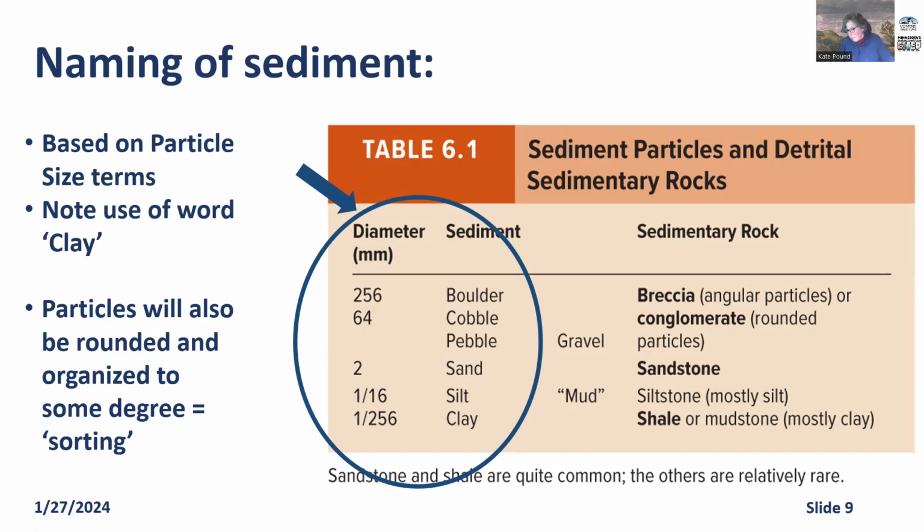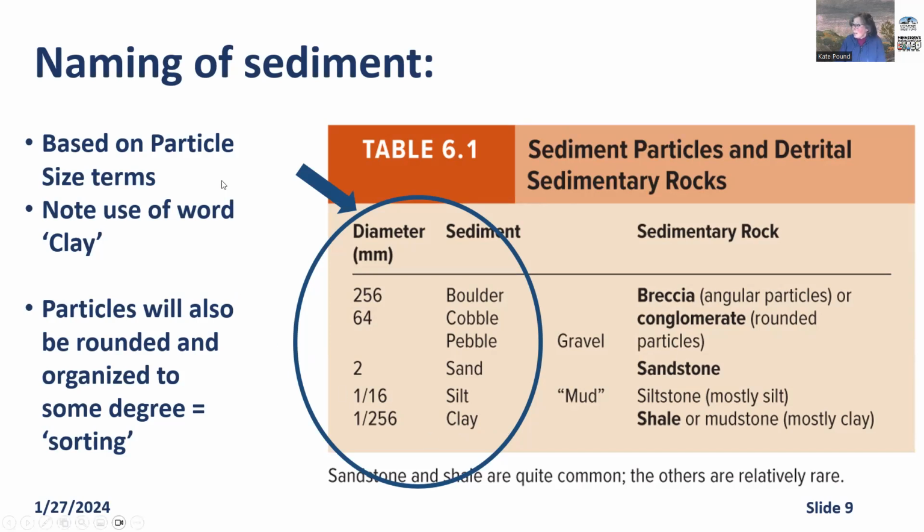You'll remember when we were talking about minerals, there are clay minerals, because there are certain minerals that typically end up making up these very fine particles. Getting back to modeling clay, or potter's clay, that clay is basically derived from these very fine-grained particles. But I just want you to wrap your head around those terms.